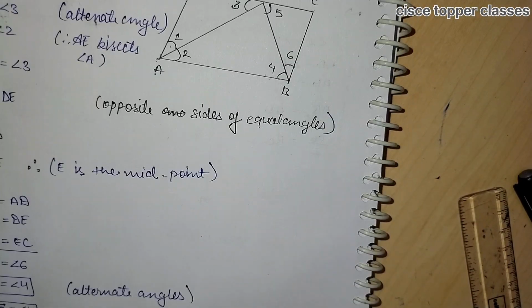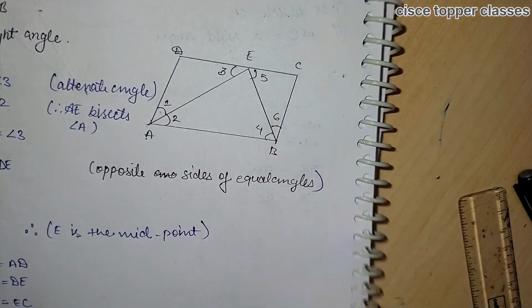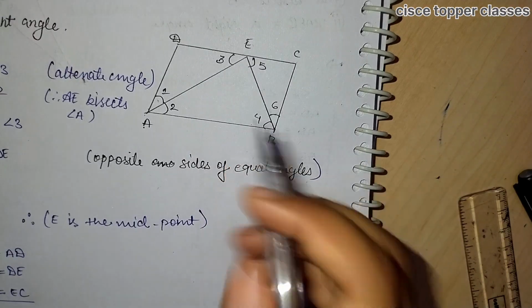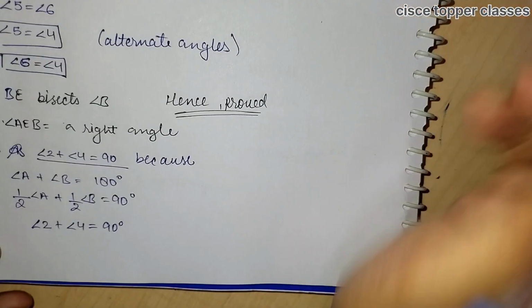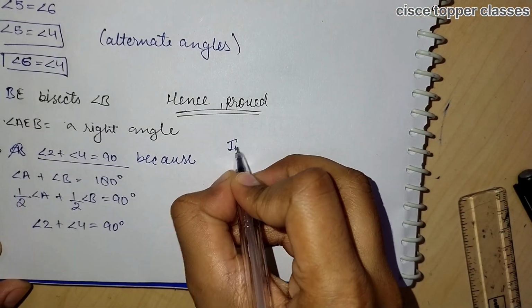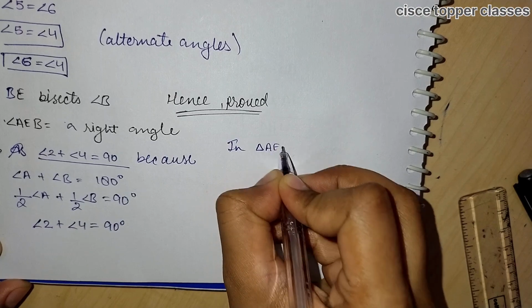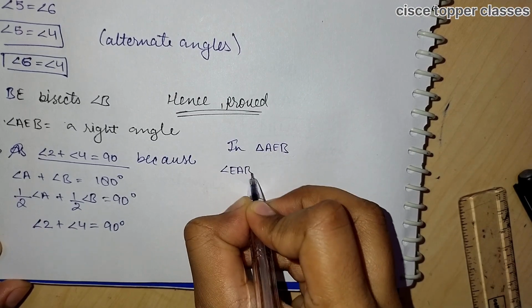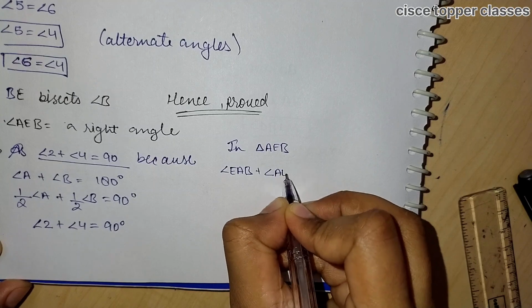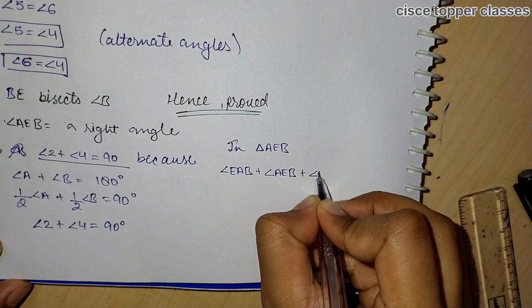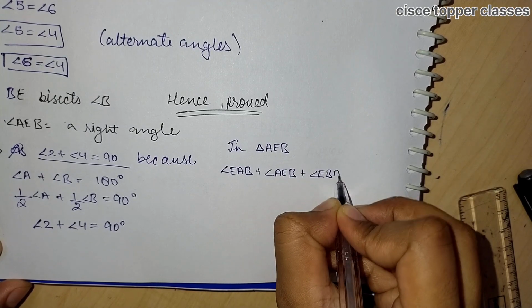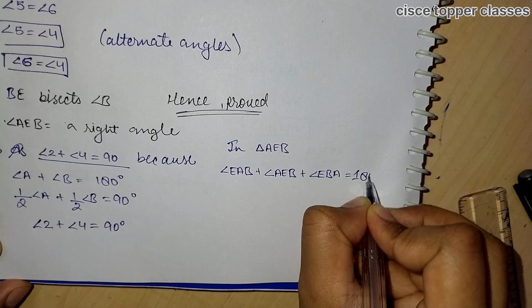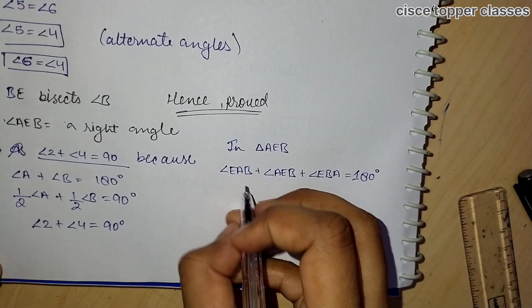Now we can take the triangle AEB to prove that angle AEB is equal to 90 degrees. In triangle AEB, we have angle EAB plus angle AEB plus angle EBA equal to 180 degrees.